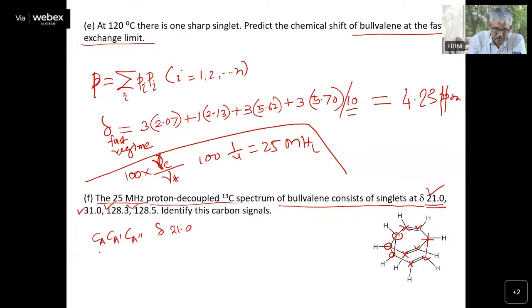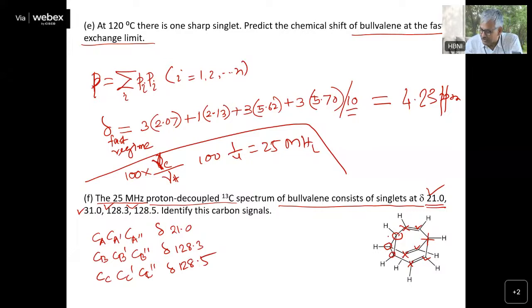Then CB', CB'', delta will be 128.3, because those are olefinic carbons. Out of these two, this is slightly upfield again due to the cyclopropane system. Then you have CC', CC'', that is again olefinic. So delta is equal to 128.5.